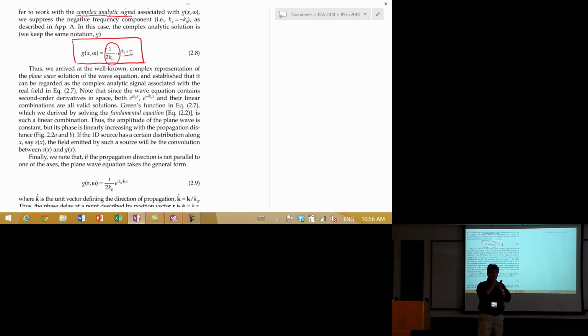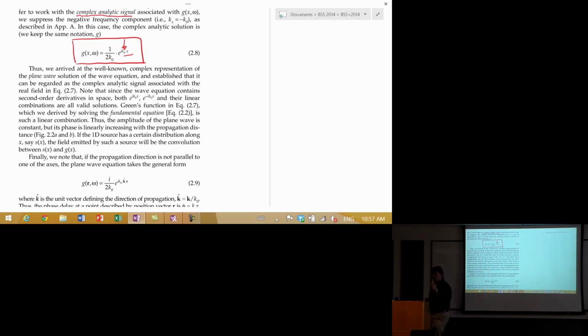So it's very suggestive, it's a plane wave. Only the phase changes. So it's an infinite plane, constant amplitude, only the phase is changing with x, at a rate that is exactly k naught. So every 2 pi over k naught meters, I get 2 pi of phase.